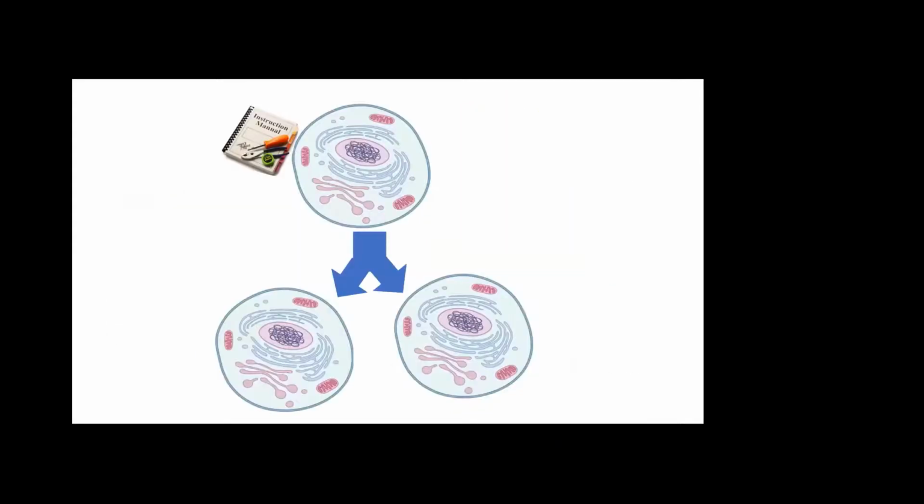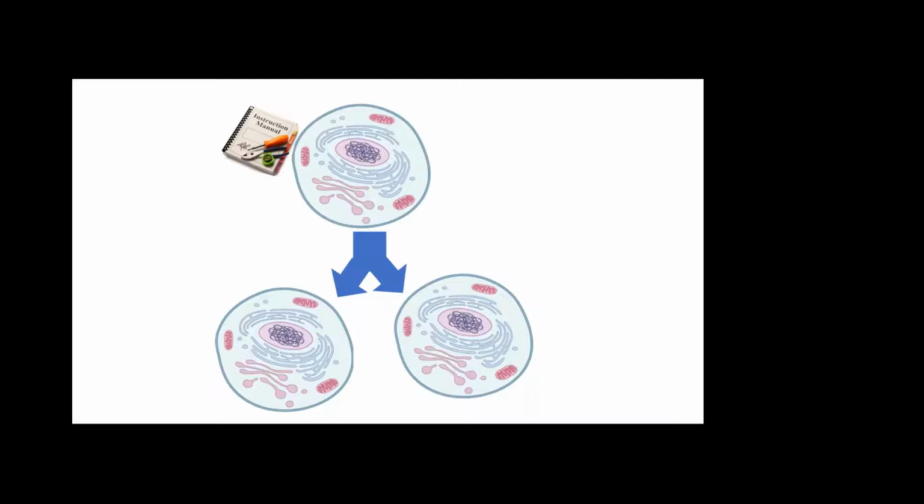So we said that we are made of trillions of cells. So when a cell divides to make 2 new cells, what happens to the instruction manual? It also divides.